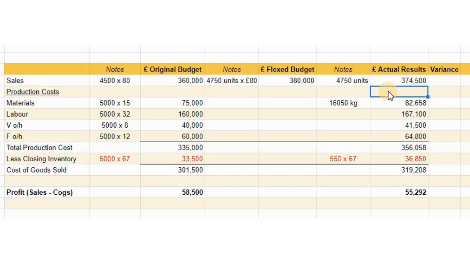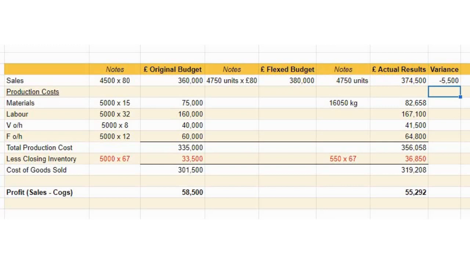Now you can make a comparison because we actually received 374,500 in sales revenue. And if we wanted to look at the variance now, the difference, what we actually got in sales revenue was this figure, 374,500, and what, based on the original standard costing and the flexed budget, we should have expected to get was £380,000. So the difference is 5,500.